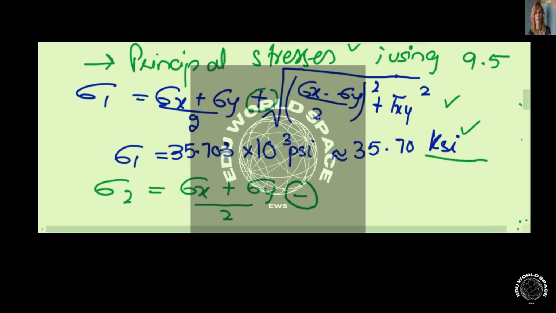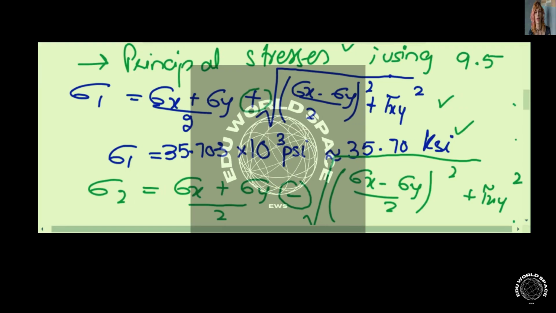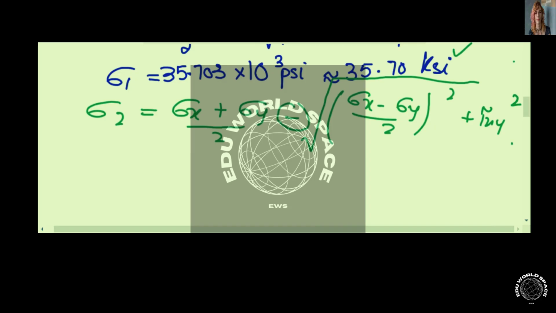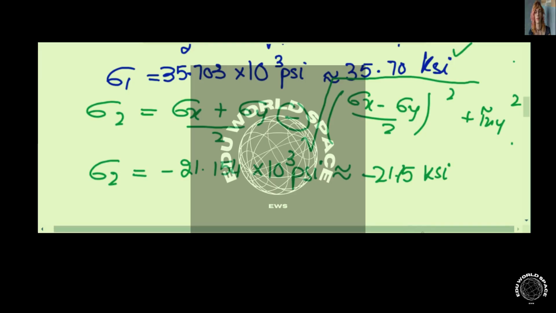The rest remains the same: the square root of ((sigma sub x minus sigma sub y) divided by 2) squared plus tau sub xy squared. Plugging in the values, sigma sub 2 is equal to negative 21.154 times 10 raised to power 3 psi, approximately negative 21.15 ksi.